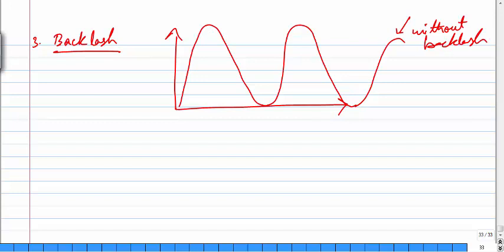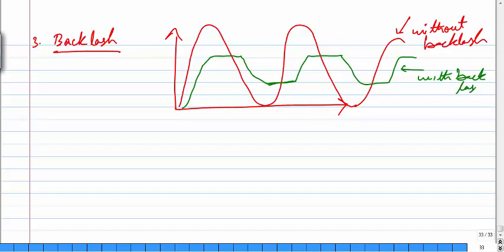In backlash, it will start here, and then it will saturate for some time. Then when contact is made again, it will start, then contact is lost, then again it saturates, and again moves, and then saturates, again moves, and then saturates. So this is with backlash. This is the basic idea.